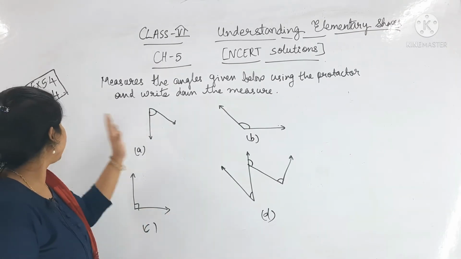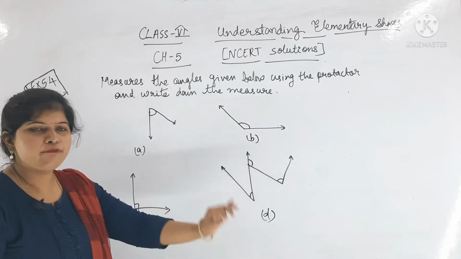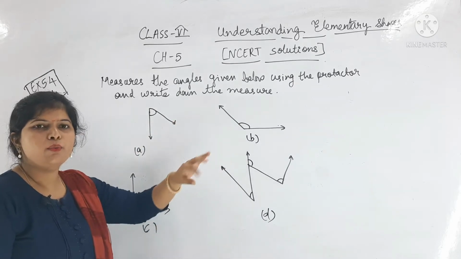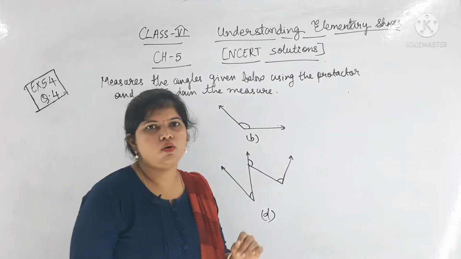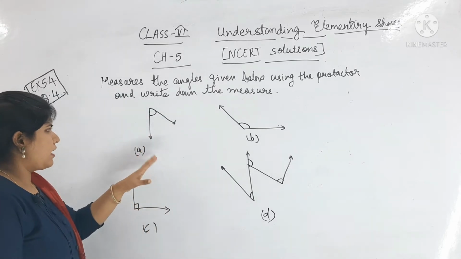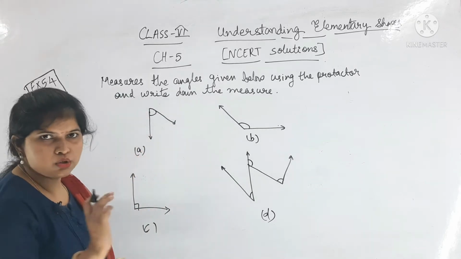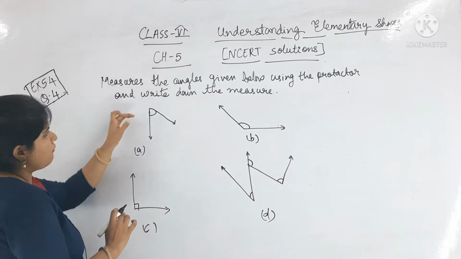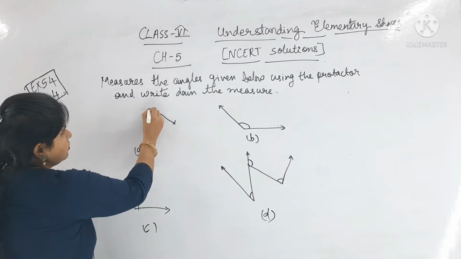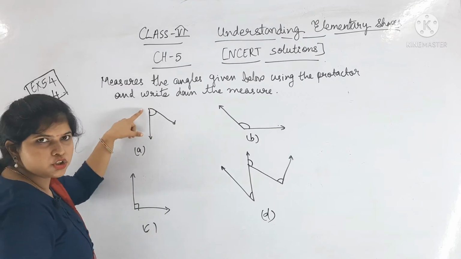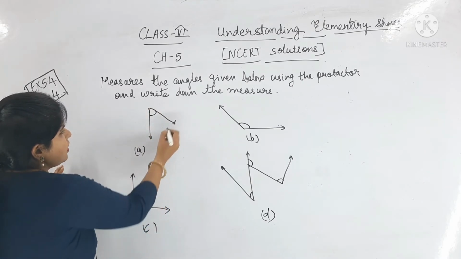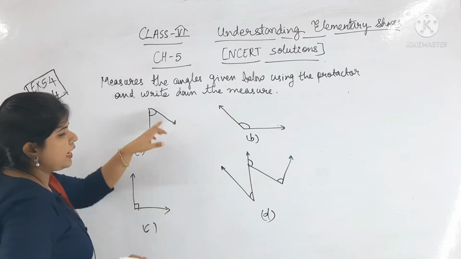Okay students, let's see the next question, question number 4. You have to measure these angles with a protractor. I don't have the protractor here, but you have to use the protractor. You have to place it here. The point of the protractor should be here, and this angle I am assuming is less than 90 degree.